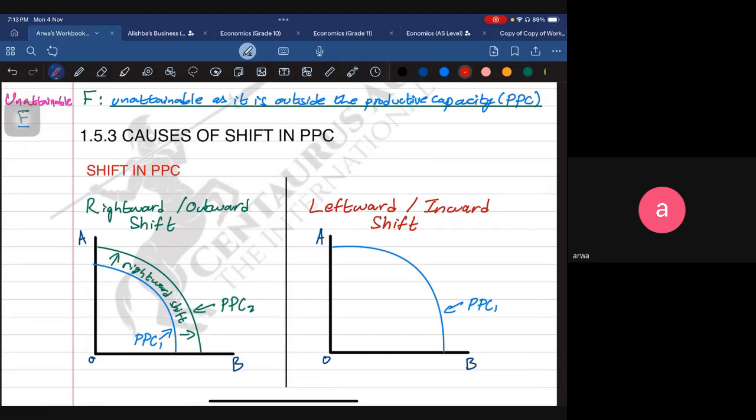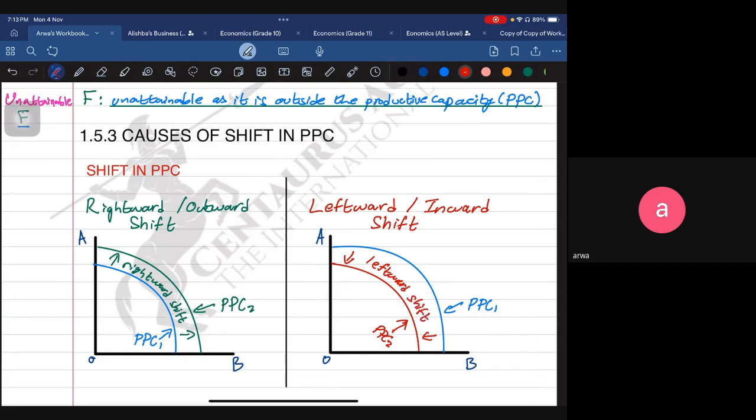Whereas here we can see that there is a leftward shift. Production possibility curve 2 is a leftward shift.